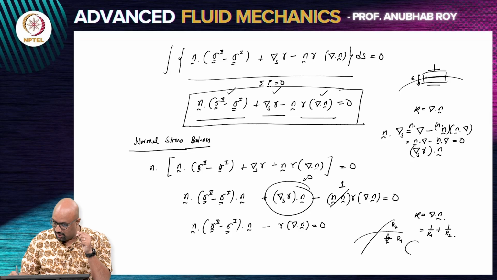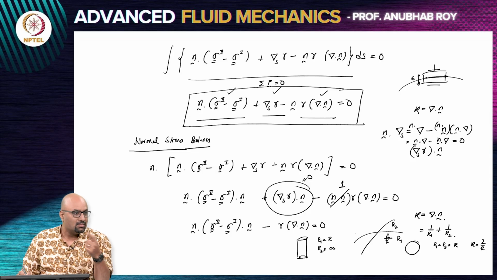If you have a sphere, then R1 is equal to R2 is equal to R, and so the curvature is 2 by R. If you have a cylinder, R1 is equal to R and the other radius is infinite.